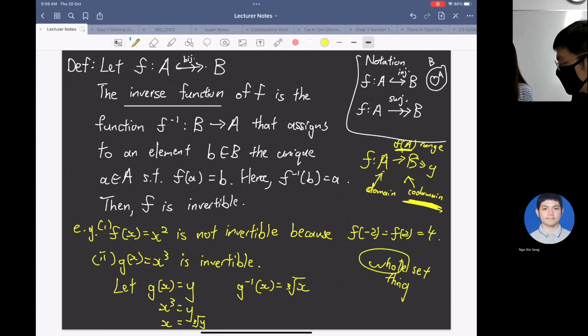Domain is something here, codomain is the whole thing here. This one is the range, but this function is just this.